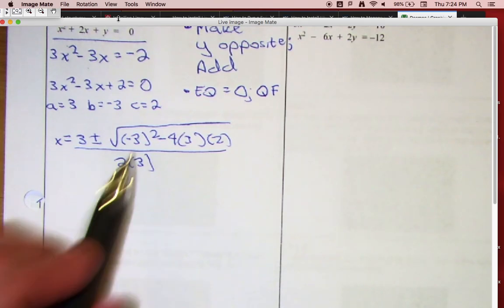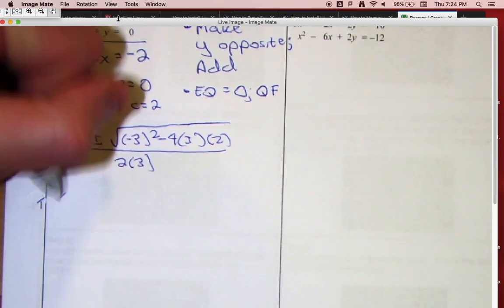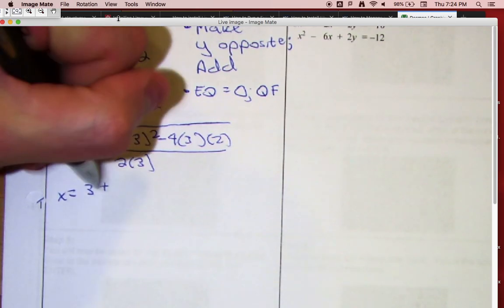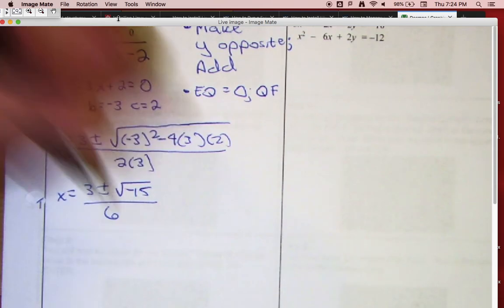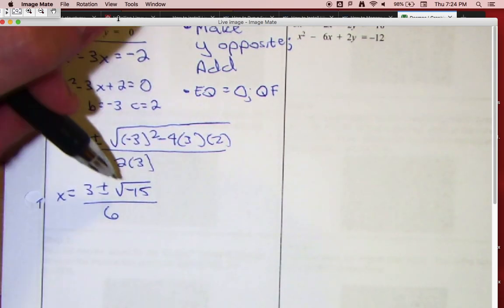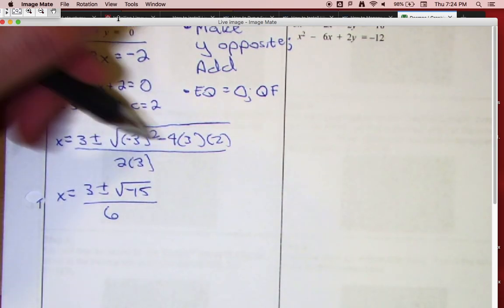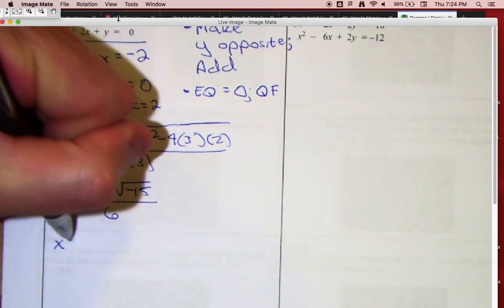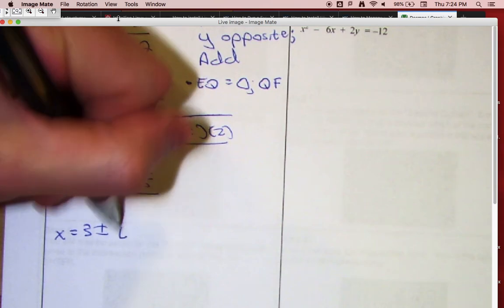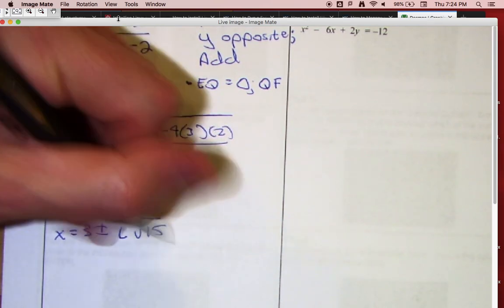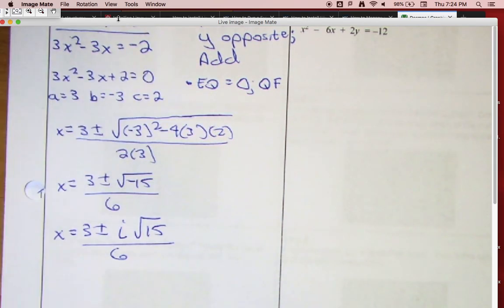And when we simplify all of this here, 3 plus or minus square root of -15 over 6, because this all comes out to be -15. We know how to handle square root of negative numbers. Plus or minus i times the square root of 15 over 6. Notice we get imaginary or complex numbers.